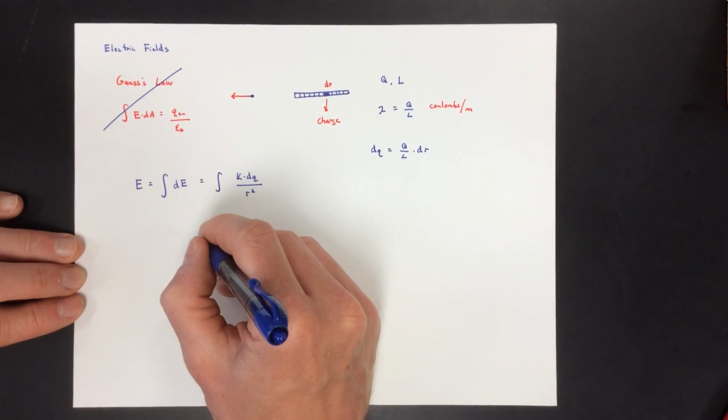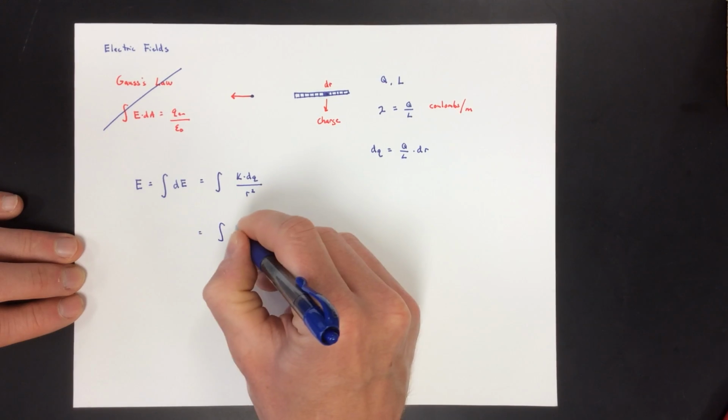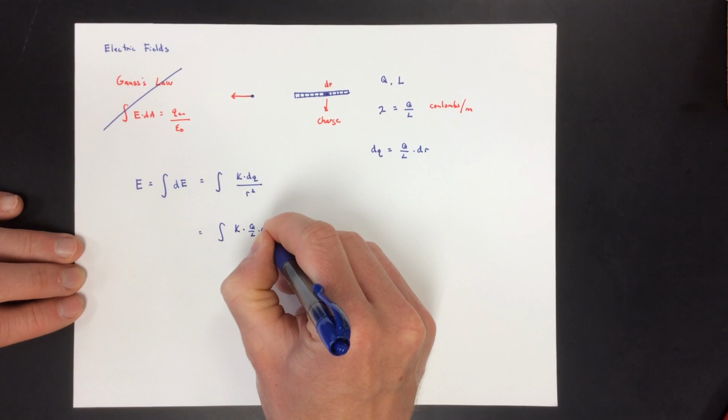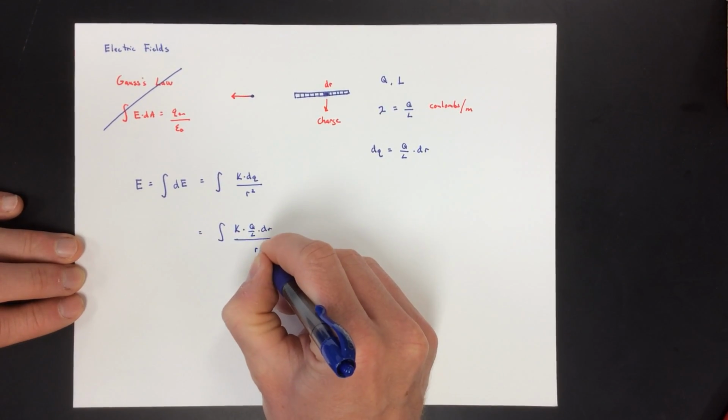Then I can make that substitution, so instead of dQ I can write Q over L dr over r squared.